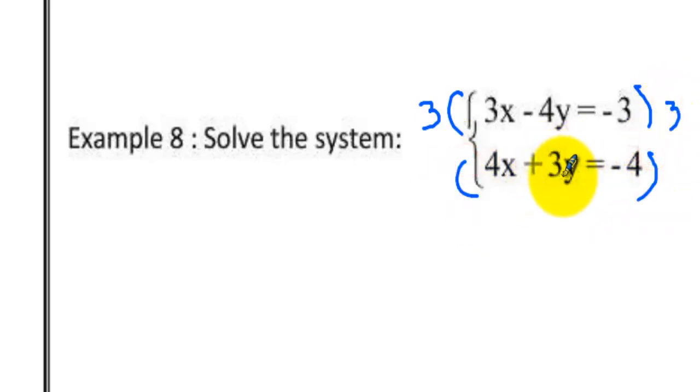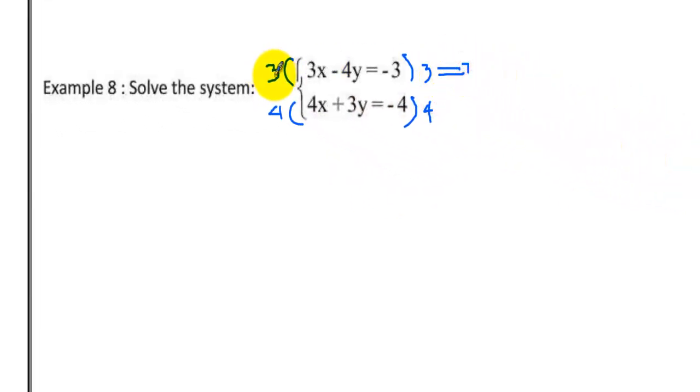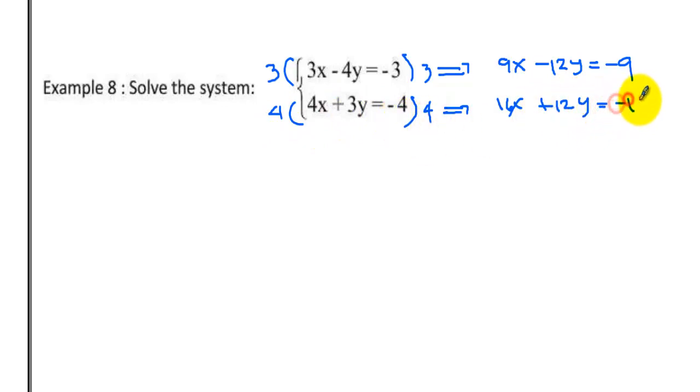To make this equal to 12y, multiplied by 4. So first equation, we'll get 9x minus 12y equals negative 9. Second equation, 4 times 4x will be 16x. 4 times 3y is 12y. 4 times negative 4 is negative 16.